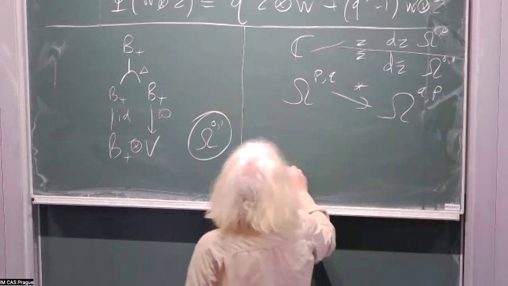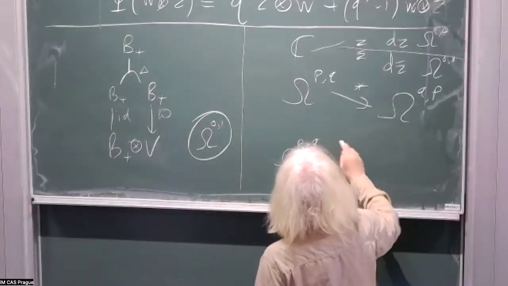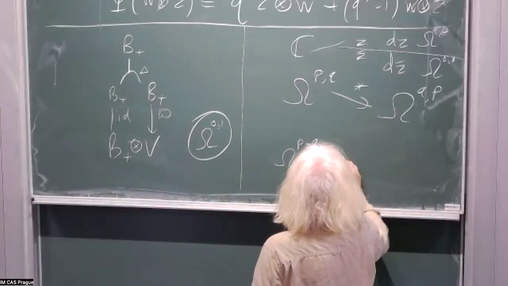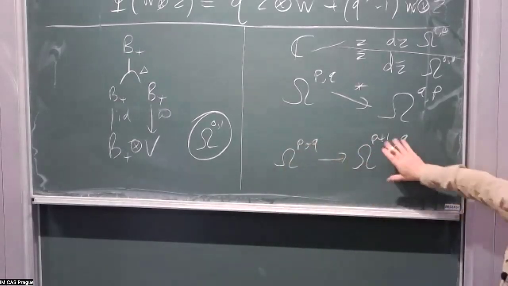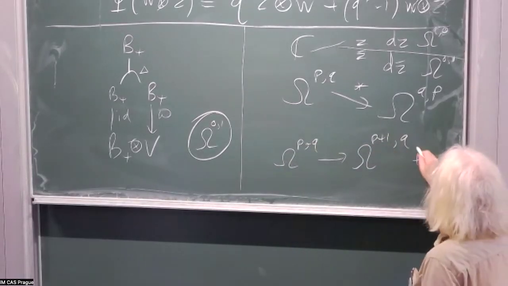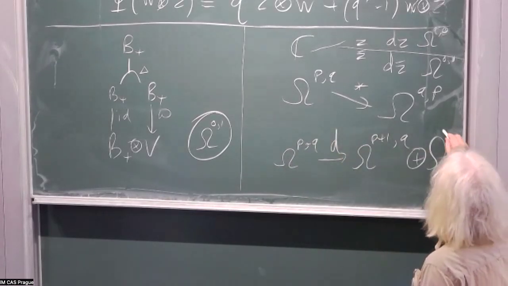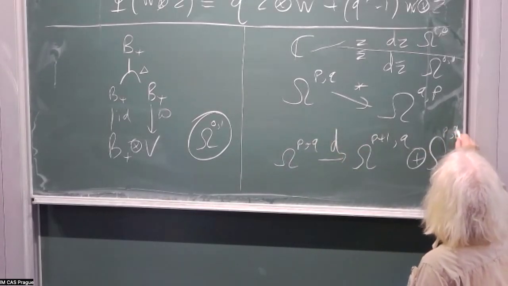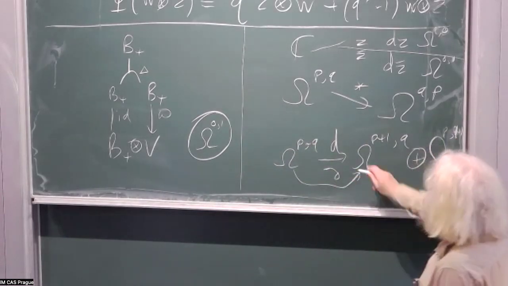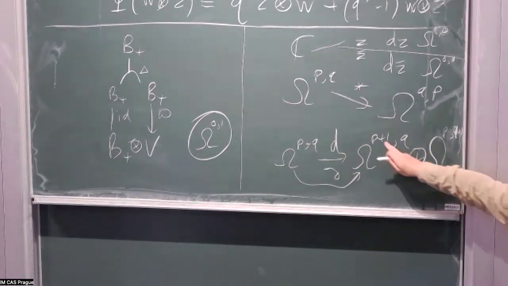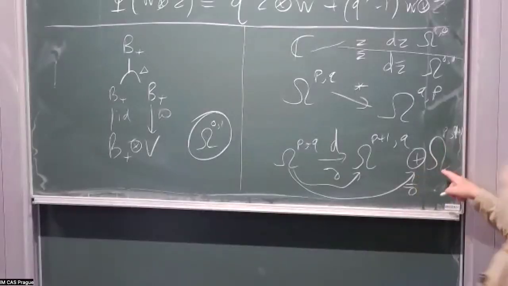So if you apply the derivative to omega PQ, the bit which has got an extra DZ in it is going to be that, and that direct sum, the bit which gives you an additional DZ bar. We'll split the D operator into curly D, which is just in the Z direction, and D bar, which is in the DZ bar direction.